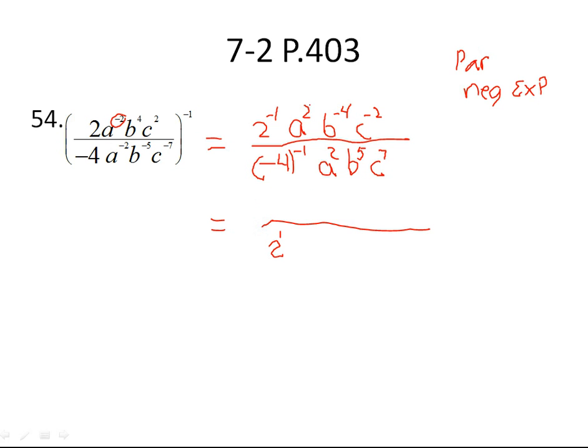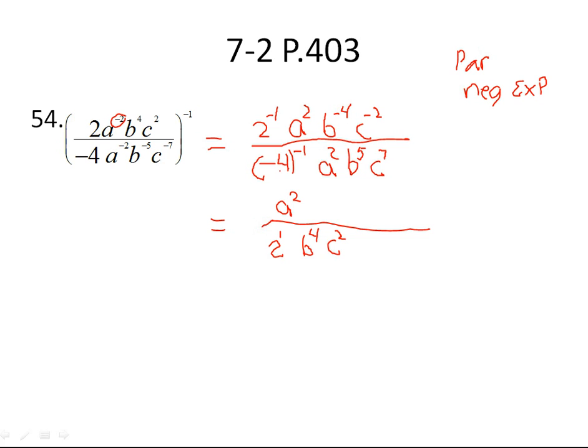And then a squared stays because it's a positive exponent. B to the -4 is a negative exponent, so it comes down to the denominator and becomes positive. C to the -2 is a negative exponent, so it comes to the other side, to the denominator, and becomes positive.